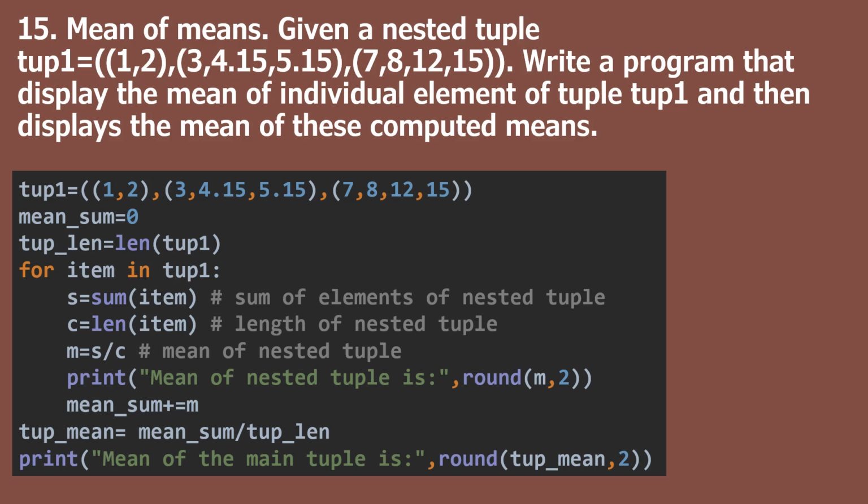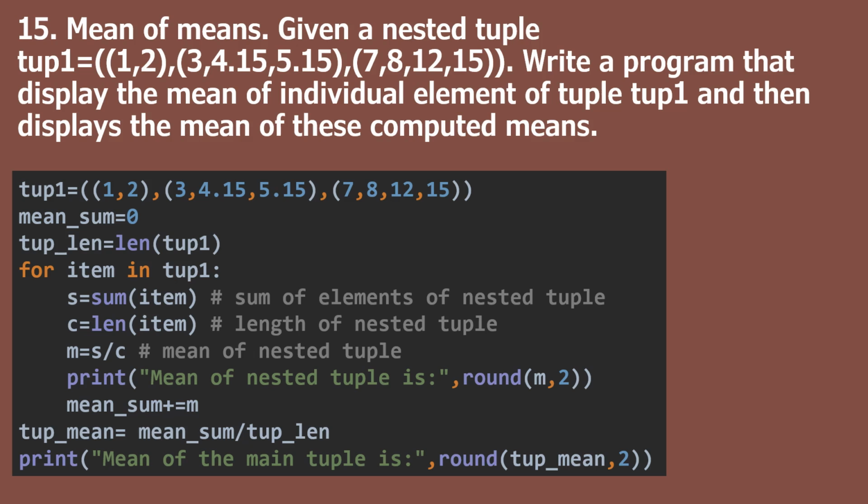Now there's a variable, let's say mean_sum, which is initialized with 0, and the length of the tuple is stored in a variable tup_len, which will store the value as length of the tuple, which is nothing but 3 over here. Now we'll check each of the elements of this tuple. So for item in tup1, item will have first value 1, 2, second value 3, 4.15, 5.15, like this.